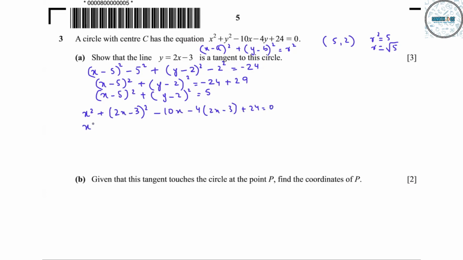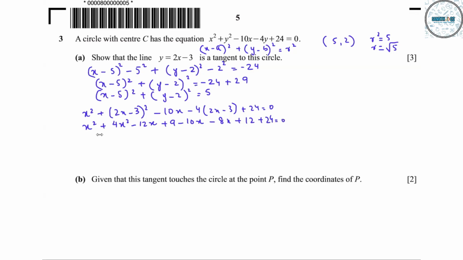So we have here x squared plus 4x squared, 2x into 3 is 6x multiplied by 2, minus 12x plus 9, minus 10x minus 8x plus 12 plus 24 is equal to 0.